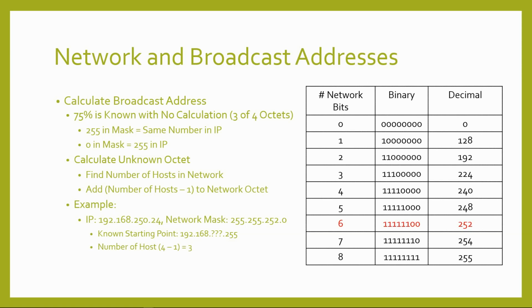Another way to look at it is to look at the last bit in the subnet mask, which has a value of 4, subtract 1, and we have 3. That gives us the number we have to add to the start of the network address. So now we have 192.168.251.255, and that's our broadcast address for this network.